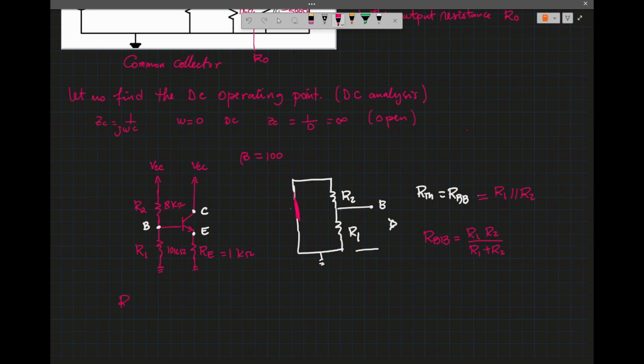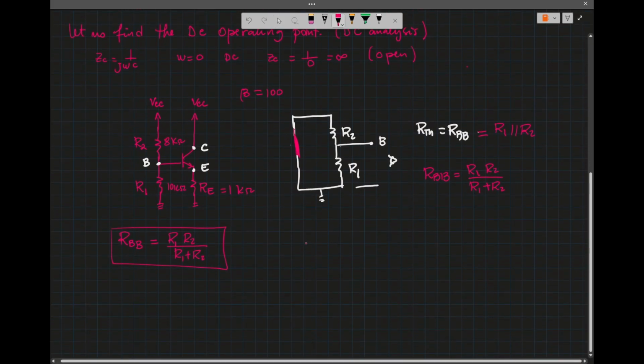So the resistance seen at the base is R1 times R2 divided by R1 plus R2. I'm going to give the formulas, and then I'm going to give you the numerical values.